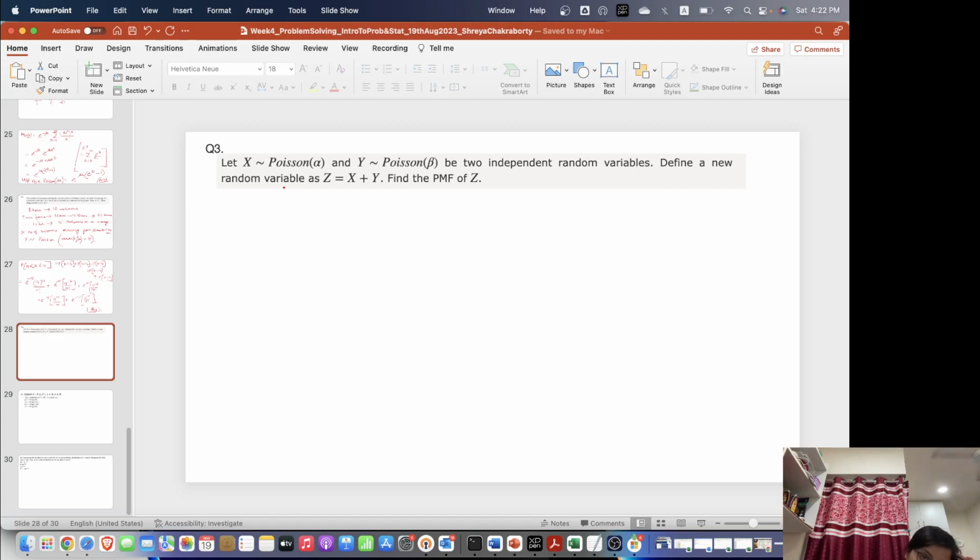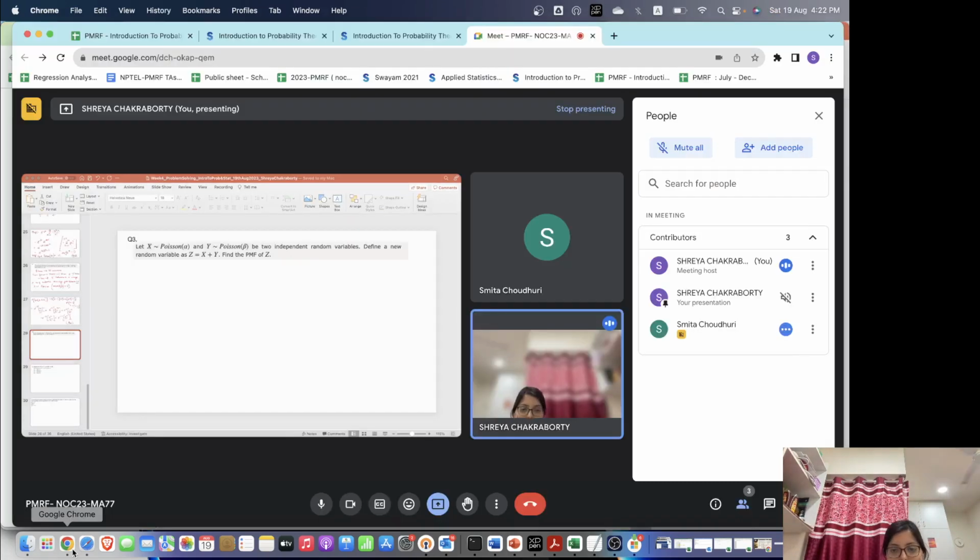So we have been given that x follows a Poisson distribution with mean alpha, y follows another Poisson distribution with mean beta, and these two are independent random variables.